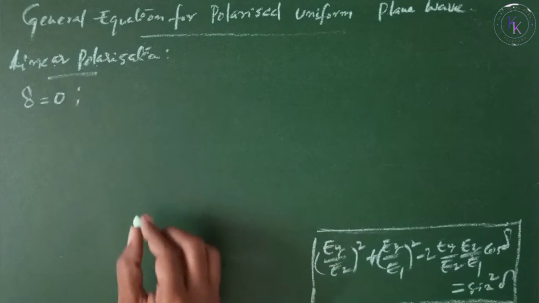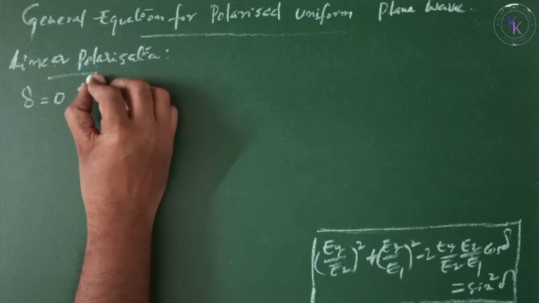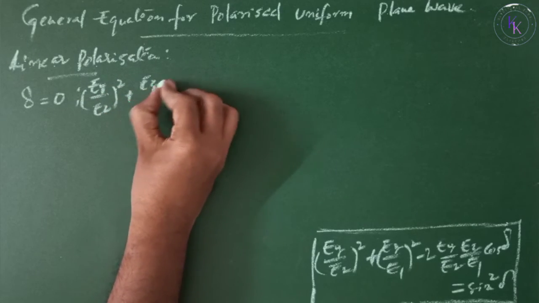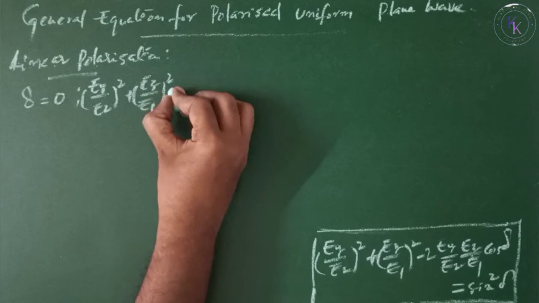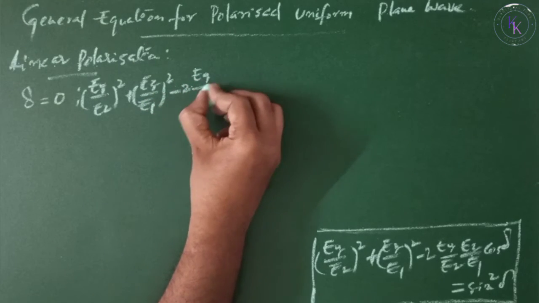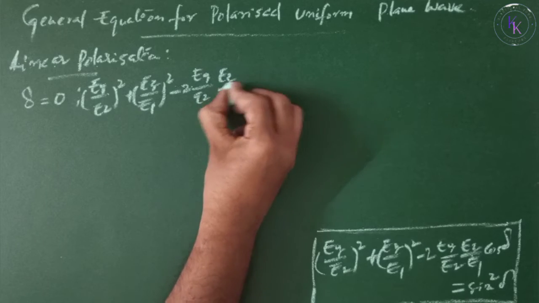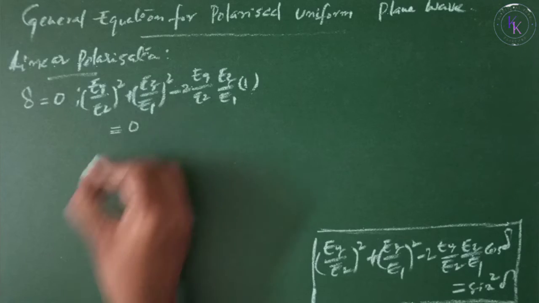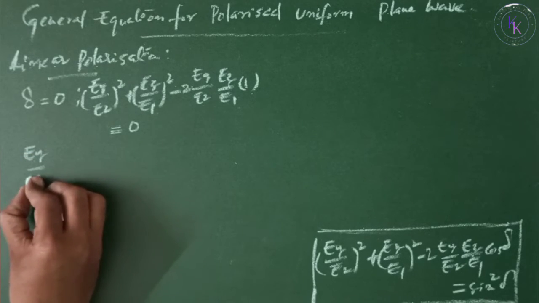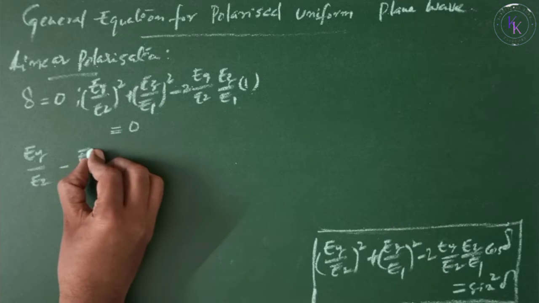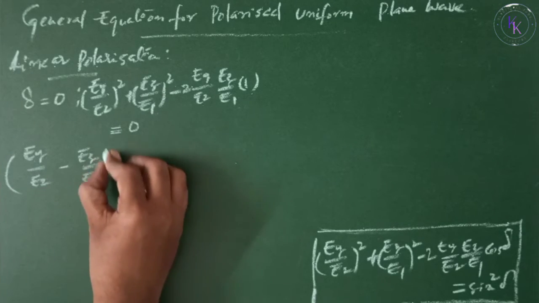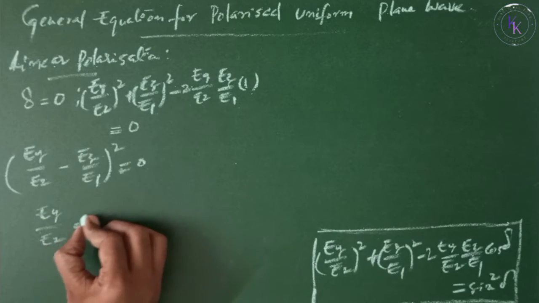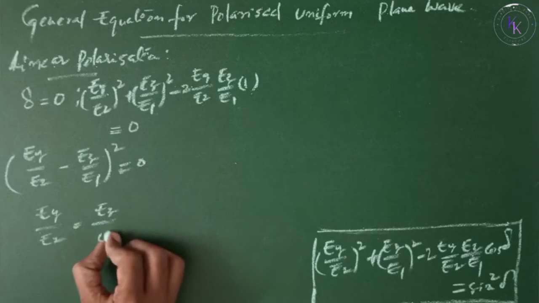If you substitute this in the general equation, you are going to get (Ey by E2) whole square plus (Ez by E1) whole square minus 2 Ey by E2 Ez by E1 cos 0, which is 1, equals 0. That is, (Ey by E2 minus Ez by E1) whole square equals 0, from which you can write Ey by E2 equals Ez by E1.